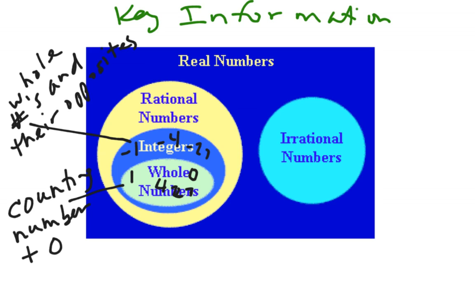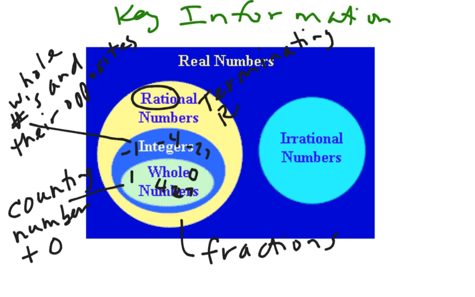And then rational numbers are what we're talking about with these fractions. And rational numbers are going to be fractions. By definition, a fraction is a ratio, so it's a rational number, ratio. And also, since we can convert rational numbers into decimals, you're going to have terminating decimals, which we talked about on the last page, and repeating decimals.